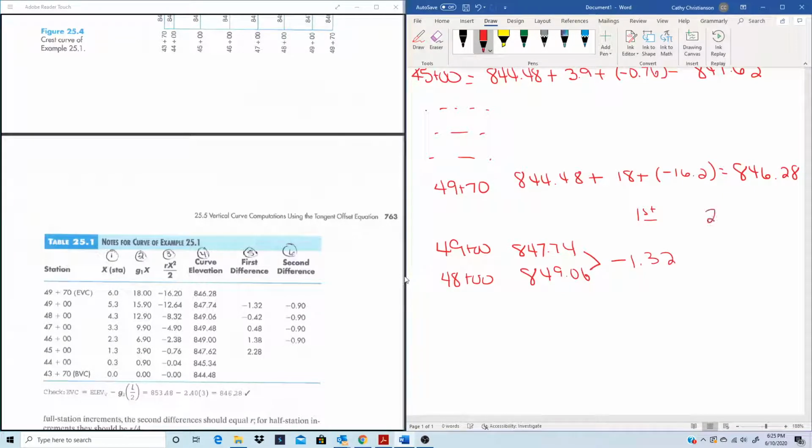And then you have a second. So 47, I'm not going to put the pluses. So you can do this for 45, 44. So that's where it's going to stop because I can only do it for 100-foot stations.